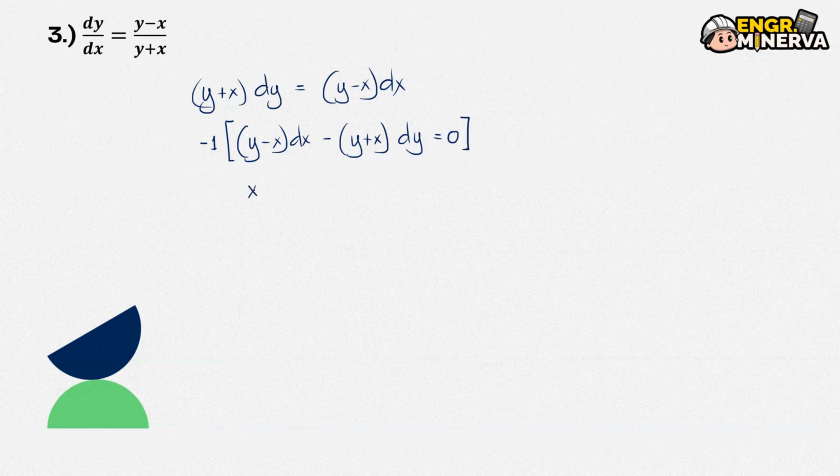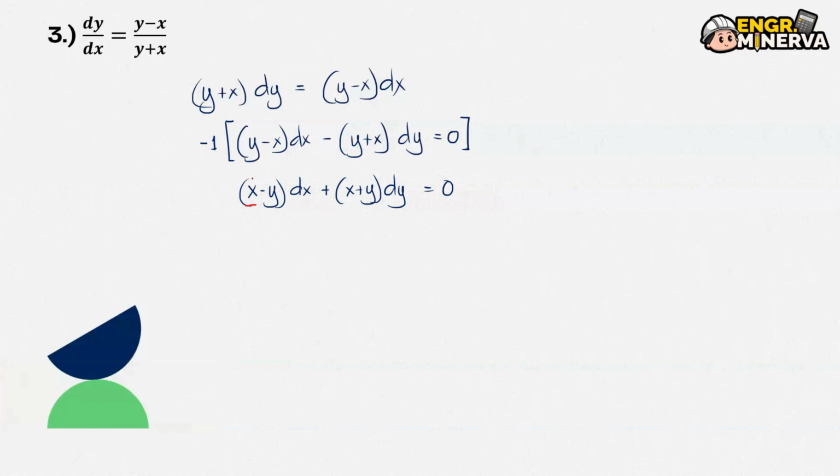That would be x minus y. Again, I exchange their signs because I distributed a -1, and this would become positive. Again, I would put x first, equals 0.